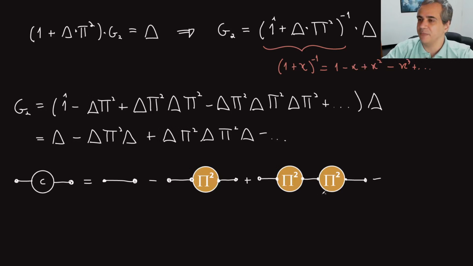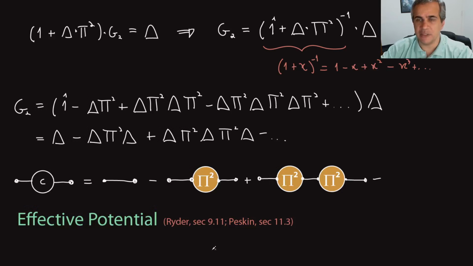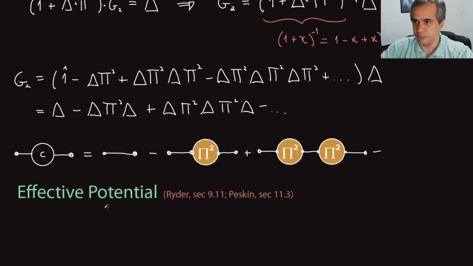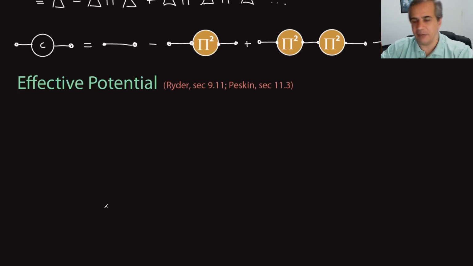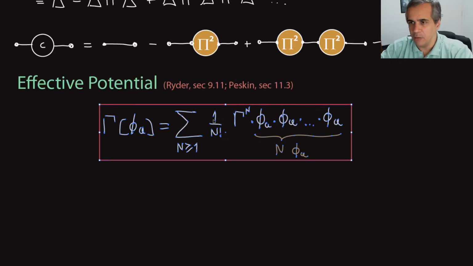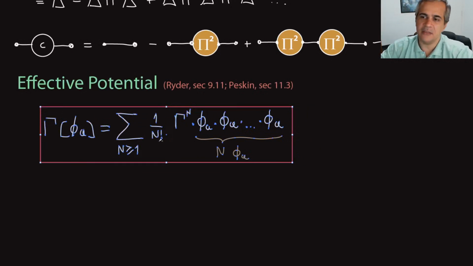This is the result. Another object that we can extract from this effective action is the effective potential, right? So when we define the effective action, right, we wrote it as an expansion on powers of the classical field, right? Multiply the coefficients turn out to be the 1pi function, right? These 1pi sums. Right?